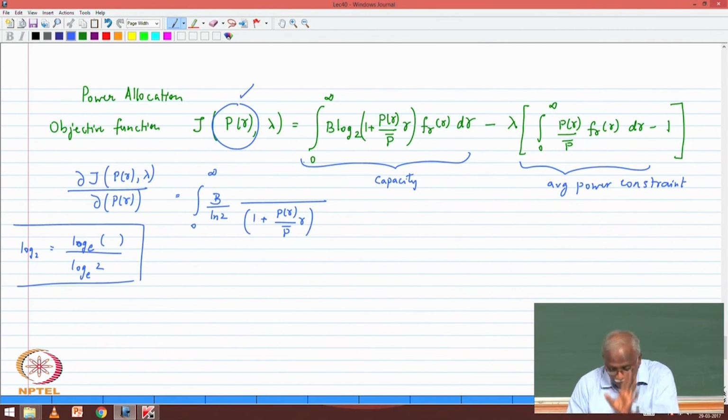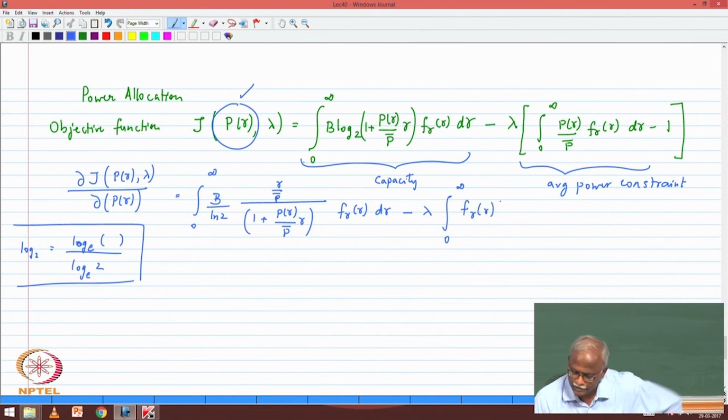Then I have to differentiate with respect to p of gamma. So that gives me gamma by p bar in the numerator. f gamma of gamma does not affect this, and then we have minus lambda times, just to avoid confusion, let me write it as two separate quantities: d gamma, and lambda times integral 0 to infinity p of gamma, f gamma of gamma, d gamma minus p bar.